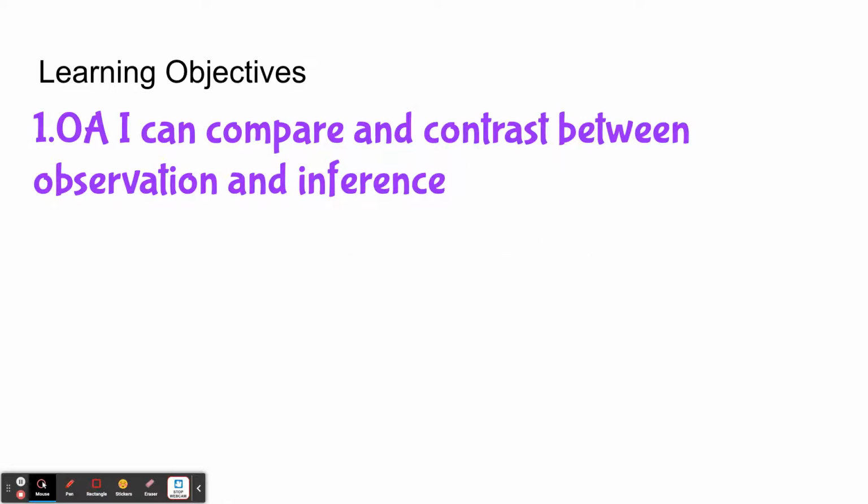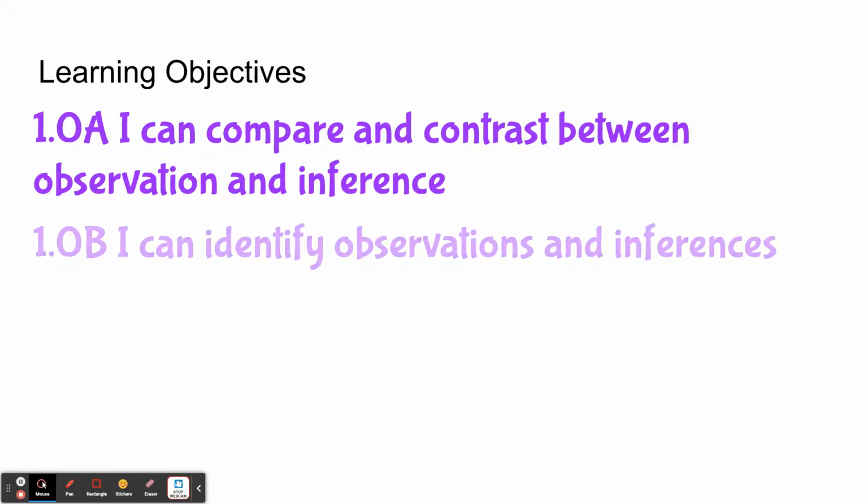So let's take a look at what we're going to learn in this video. First of all, I definitely want you to be able to compare and contrast between observation and inference. They are very different, and you need to know the differences and how they're the same. Secondly, I want you to be able to identify observations and inferences. So whether I give you a picture or a statement, you need to be able to identify, is this an observation or am I inferring something?